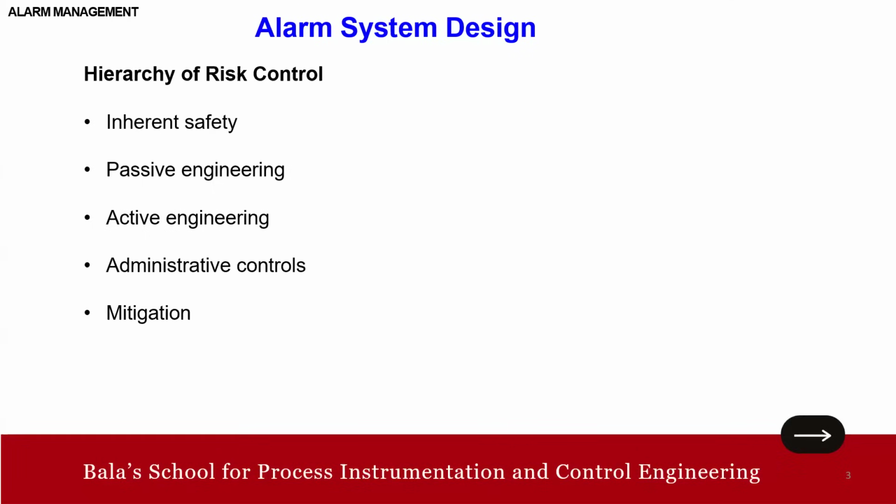Friends, process alarms are ineffective at this stage because the hazard has already occurred, but protective system alarms, for example fire and gas detection, may have a role in triggering a response that mitigates the risk, meaning evacuate the area, active firefighting, all these. So these are the five aspects of hierarchy of risk control: inherent safety, passive engineering, active engineering, administrative controls and mitigation. This is an important part of the hierarchy of risk control.